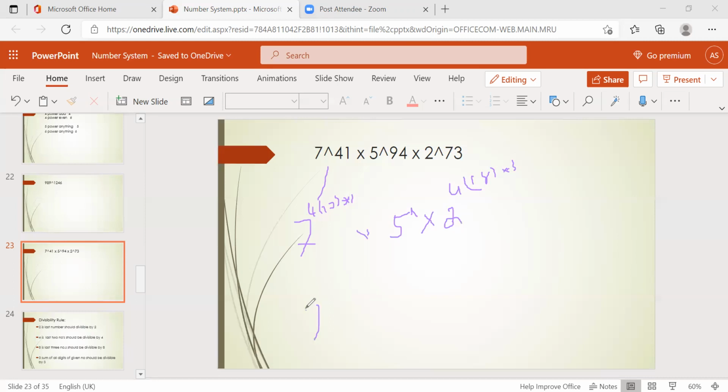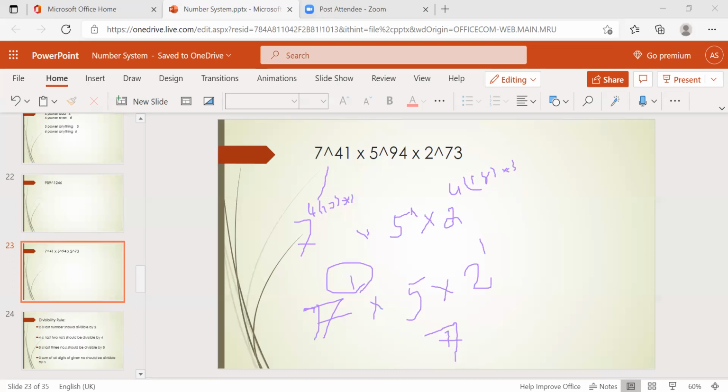So 7 power 1 into 5 into 2 power 1. I am taking the remainder directly. 7 power 1 is nothing but 7.